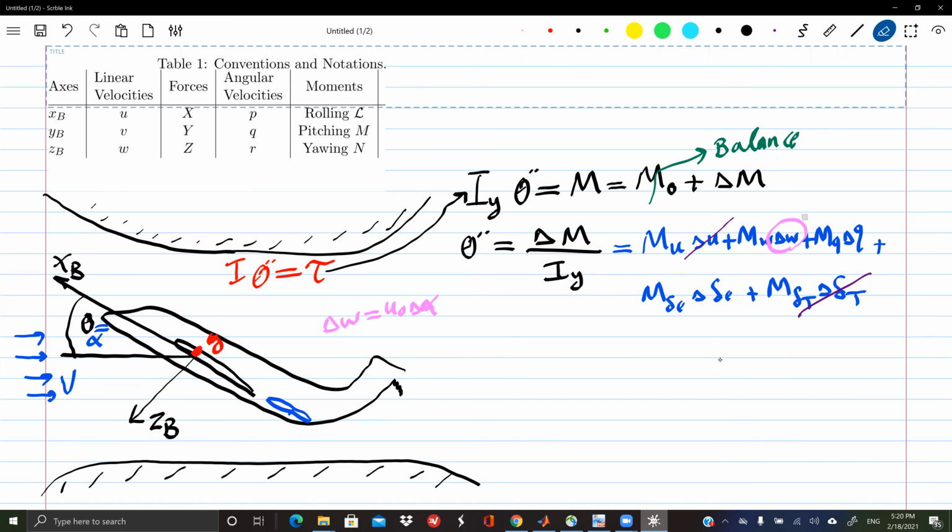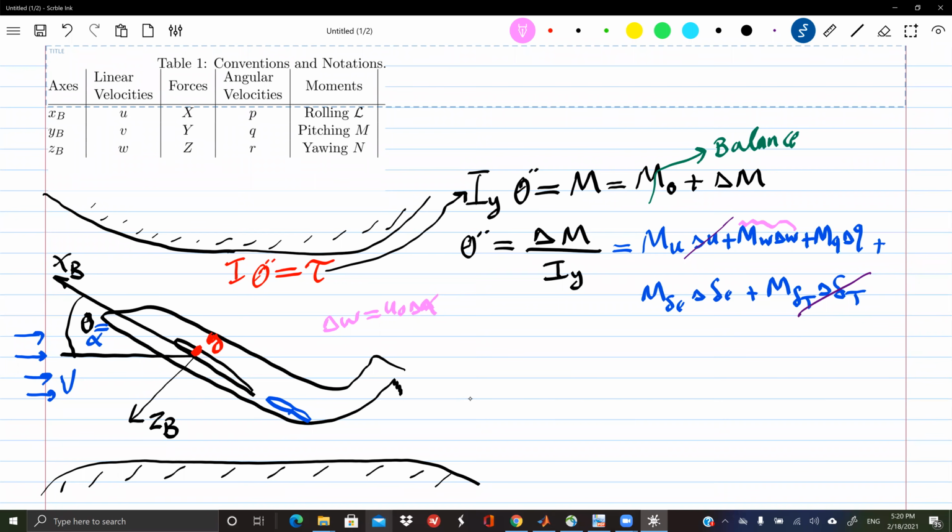Whenever someone mentions W in front of you, this is really angle of attack. It's simply a constant multiple, the speed U naught, times the angle of attack. All right, so I can really replace this MW delta W, I can write it as M alpha times delta alpha.